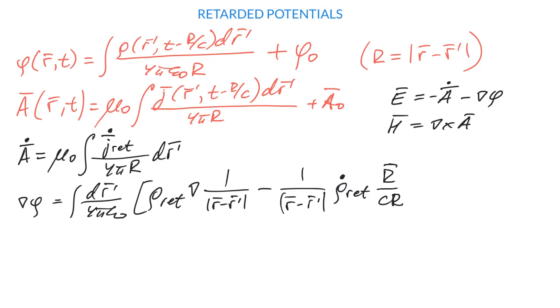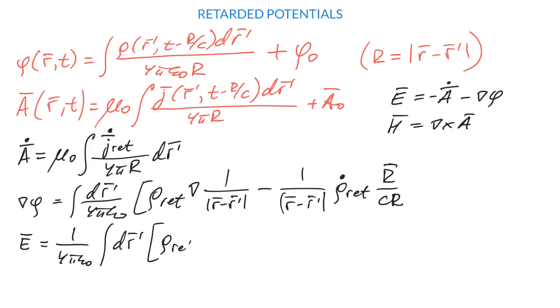When I put everything together, for the electric field, I'll get the following expression. So I collect the terms from A dot and del phi. There's a common factor, 1 over 4 pi epsilon naught, an integral over dr prime, and there are three terms.